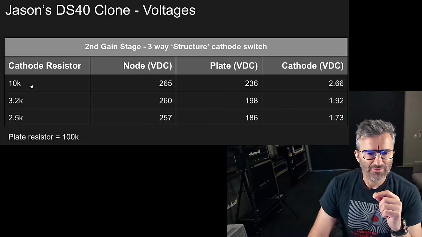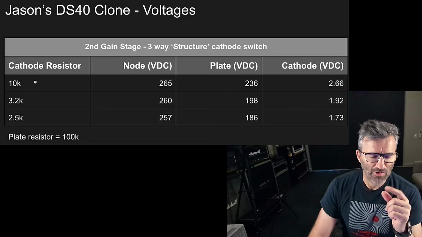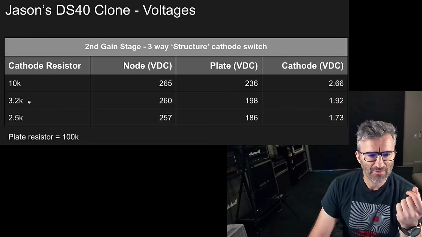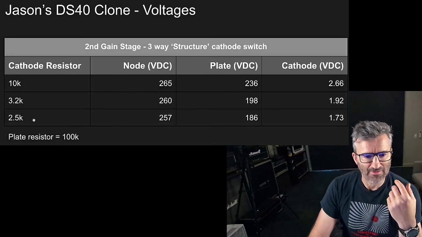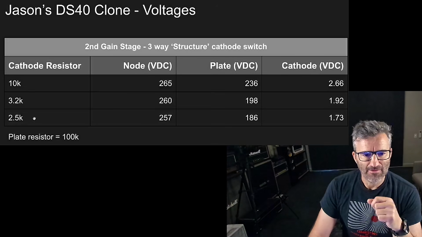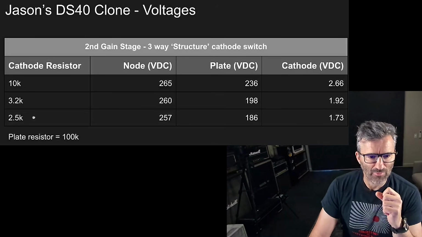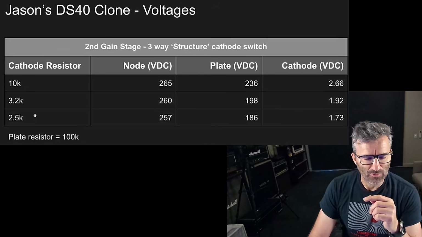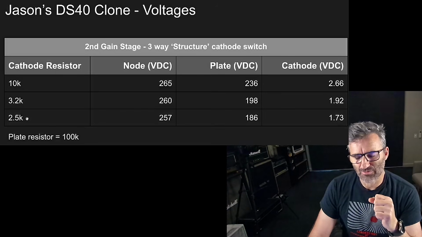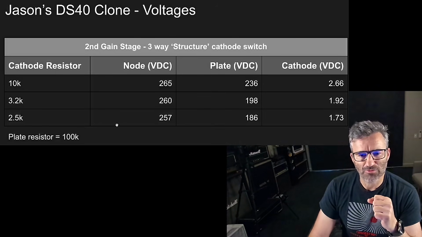In the middle position, we switch in an extra resistor which has a combined resistance with the 10K of 3.2K, and then finally the highest gain position on the switch is 2.5K and has a bypass cap, a 0.68 microfarad bypass cap, and we'll talk about what bypass caps do on a cathode resistor in a triode gain stage a little bit later.